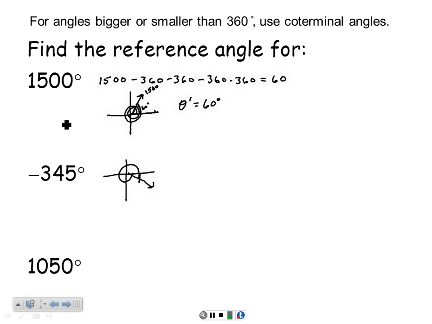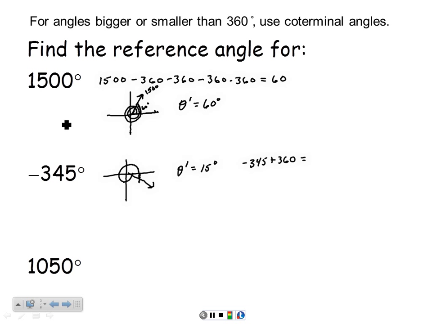So this theta prime is going to be 15 degrees. What I did is, technically, negative 345 plus 360 is going to get us to 15 degrees. So the reference angle is going to be 15 degrees.